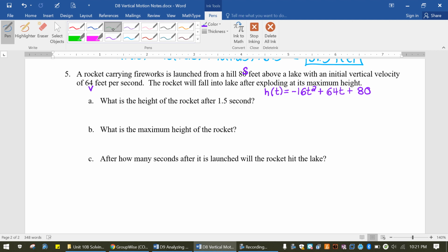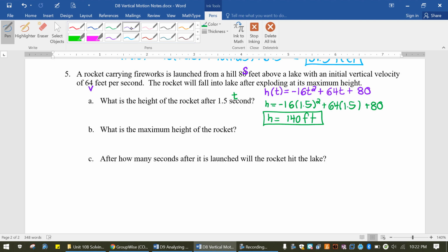First question, what is the height of the rocket after 1.5 seconds? That's time, so we're just going to substitute in 1.5 for t. And what we get is 140 feet. Okay, so that's the height of the rocket after 1.5 seconds.